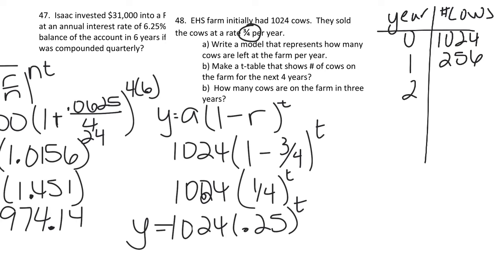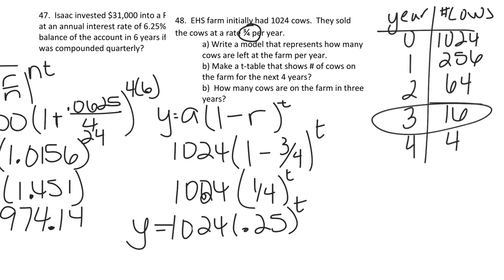This next year, 1/4 of 256 is 64. The next year, 1/4 of 64 is 16. And year 4, 1/4 of the 16 is 4. How many cows were on the farm in 3 years? That would be 16. You can also find that by plugging 3 into the equation.